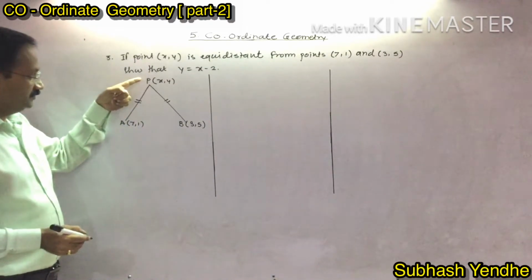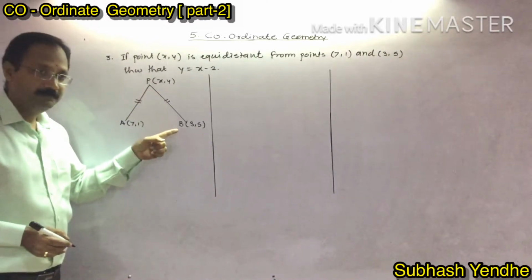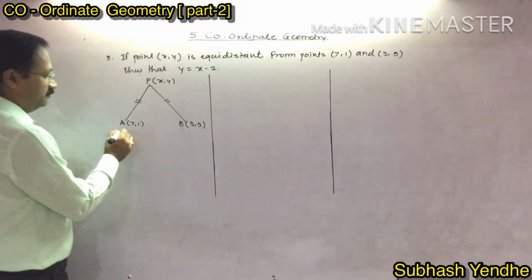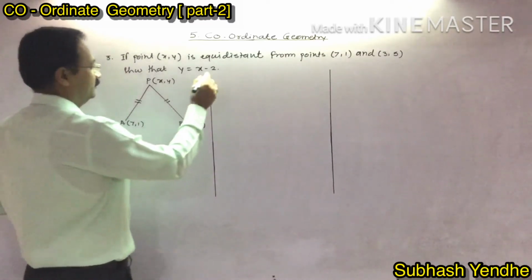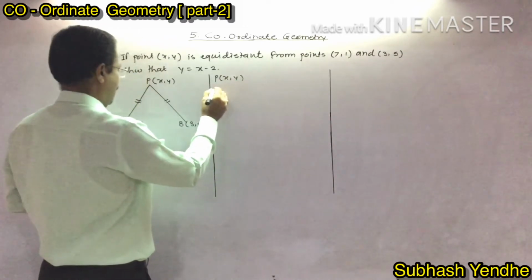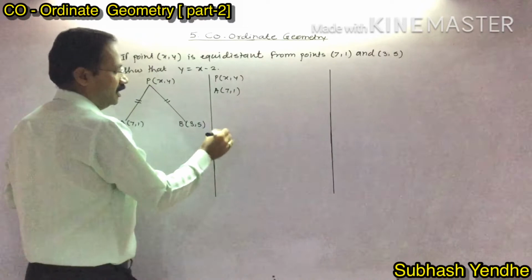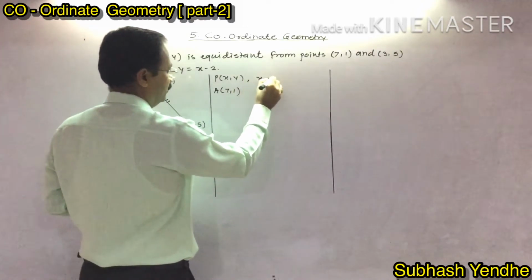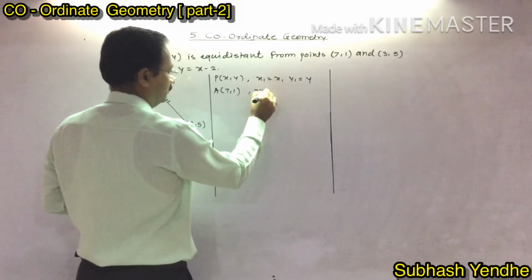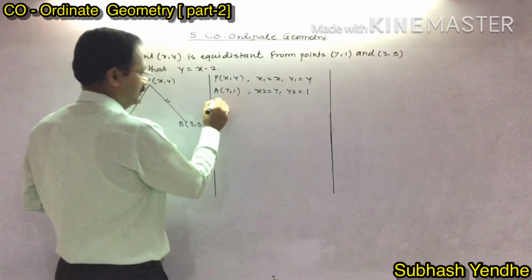So we have to find out the distance PA first and then PB. So let's find out the distance PA and PB. Here I am going to write P's coordinates are x and y, and A's coordinates are 7 and 1. So x1 equals x, y1 equals y, x2 equals 7 and y2 equals 1.